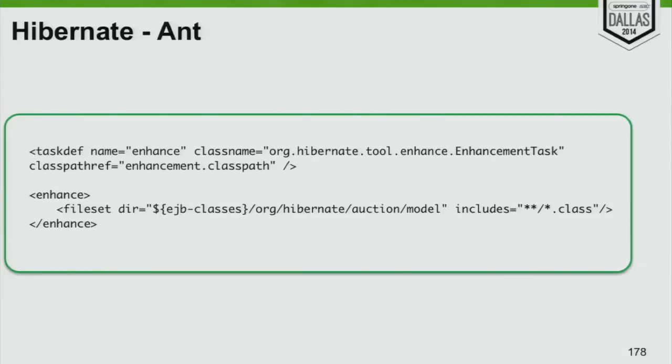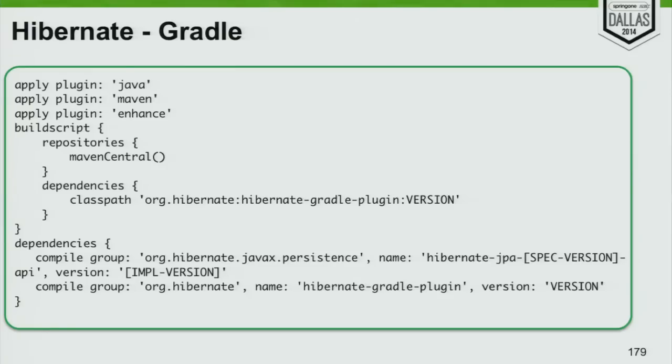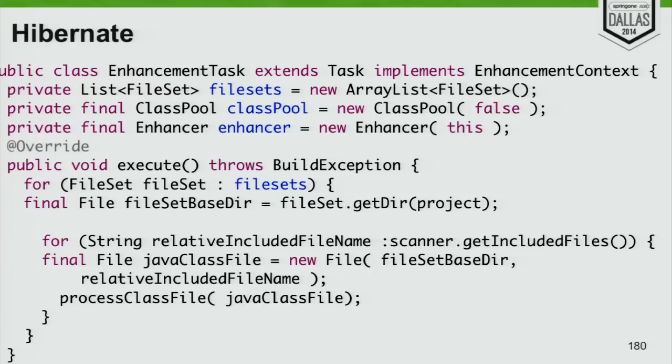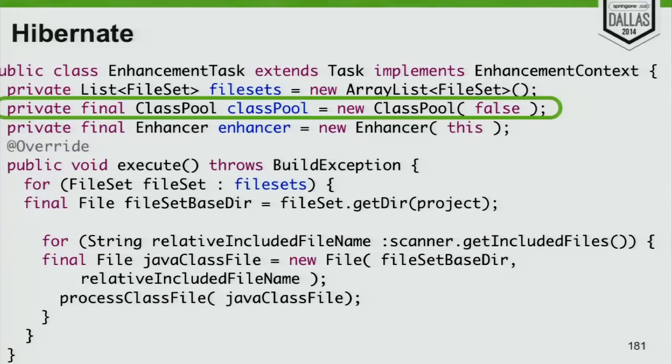Hibernate does have Ant, Maven, and Gradle plugins to run this task. Here's the Ant one. I've also listed the Gradle one. I'm not going to go into a lot of depth on how this works, but I just want to show you some of the places where Javassist is used for it. So we have the enhancement task, and it has a class pool.